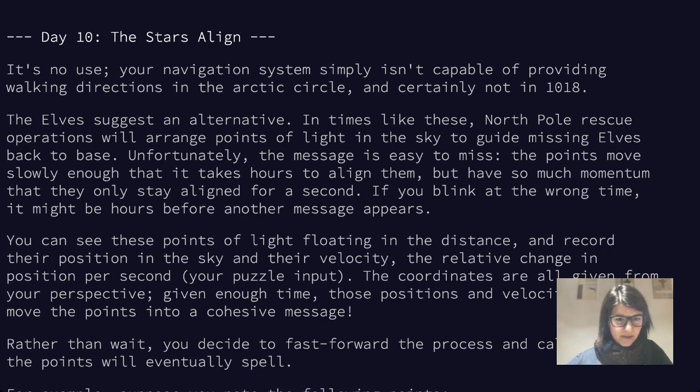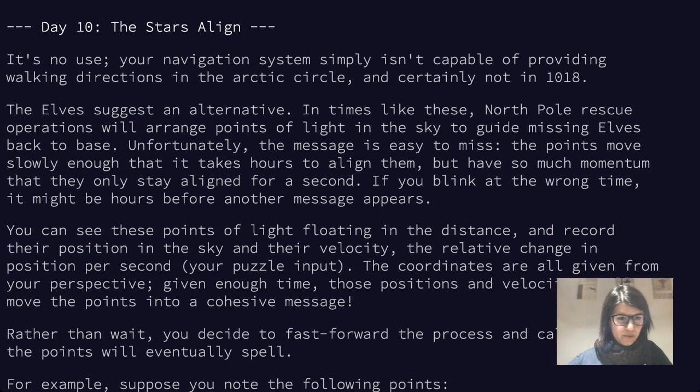You can see these points of light floating in the distance and record their position in the sky and their velocity. The relative change in position per second. Okay, so that's our input. So we get position and the velocity and the change in position per second. Okay, change position per second, that is the velocity.